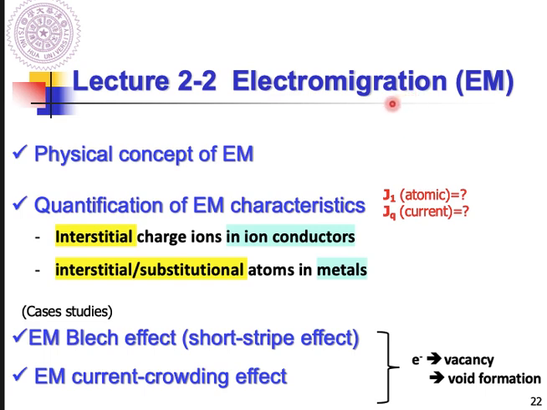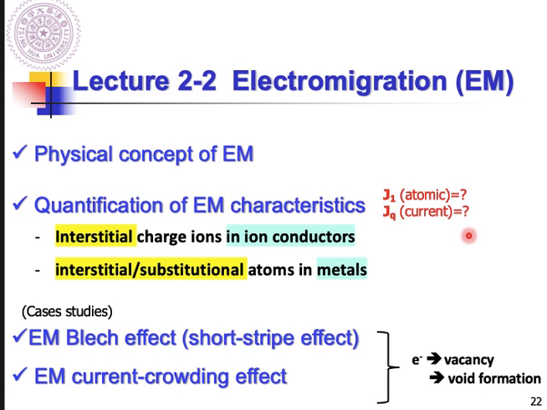The first one is the electrical field, and the second one is diffusion, right? So that will be the atomic flux. So based on the flux force equation you learned from lecture 1, I believe you can simply write down the flux J1, the atomic flux, and the current density in this case.